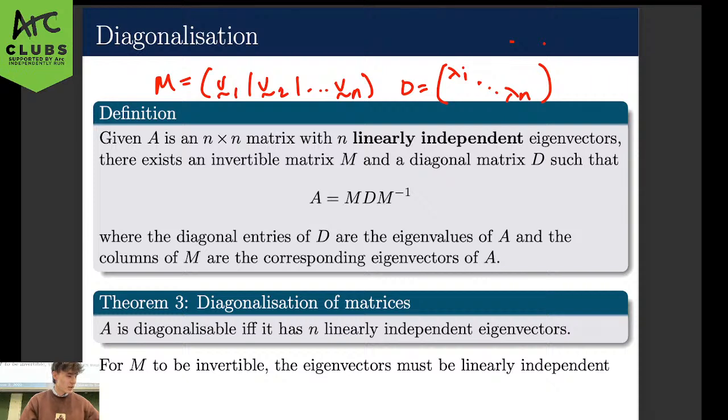You can see here, theorem 3: A is diagonalizable if and only if it has n linearly independent eigenvectors, and that comes from our ability to write the matrices M and D. To actually write M, we're going to need n linearly independent eigenvectors.